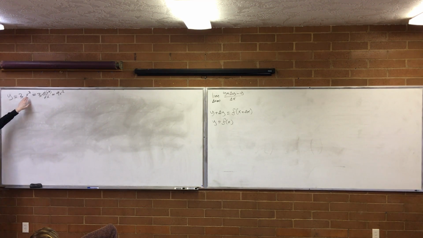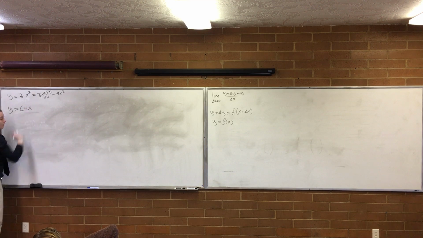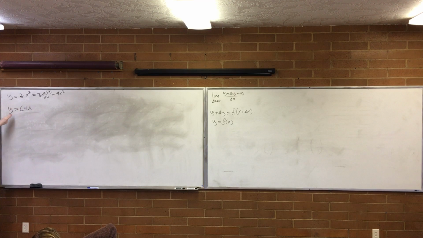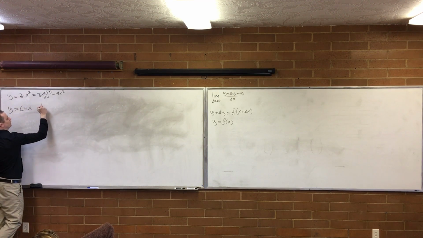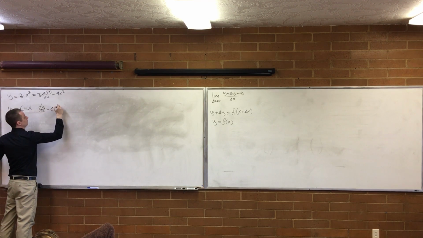So if we have a constant times a function in terms of x, we can pull the constant out of the derivative and just take the derivative of the function of x. Okay? So if y is equal to some constant c times u, where we typically use u for a function in terms of x, then the derivative of y with respect to x is equal to c times the derivative of u with respect to x.